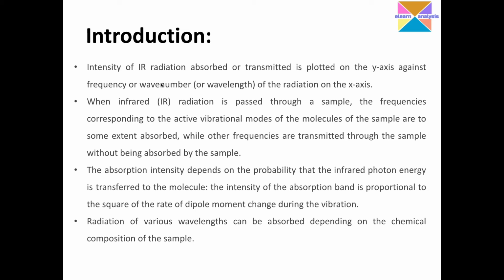We prefer wave number on the x-axis and percentage transmission on the y-axis. When infrared radiation is passed through a sample, the frequencies corresponding to the active vibrational modes of the molecules of the sample are to some extent absorbed, while the other frequencies are transmitted through the sample without being absorbed.